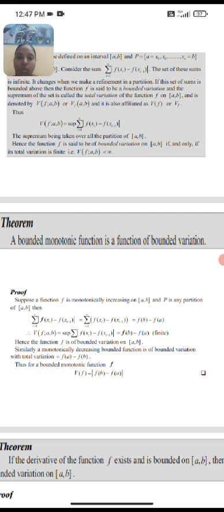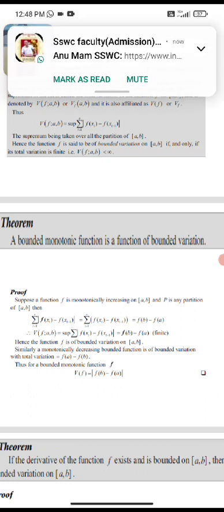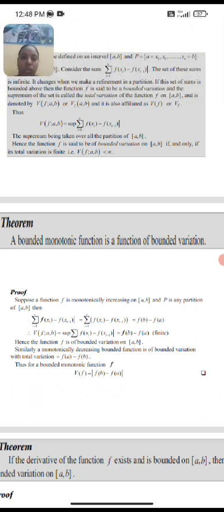Summation i equal to 1 to n of f(xi) minus f(xi-1) equals f(b) minus f(a). Vf[a, b], the total variation of f on [a, b], equals the supremum of summation of f(xi) minus f(xi-1).